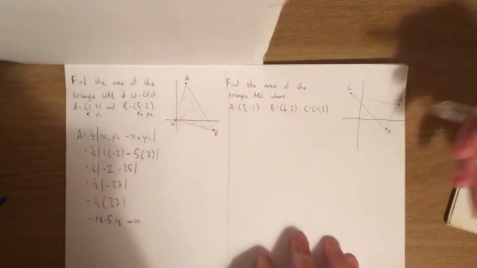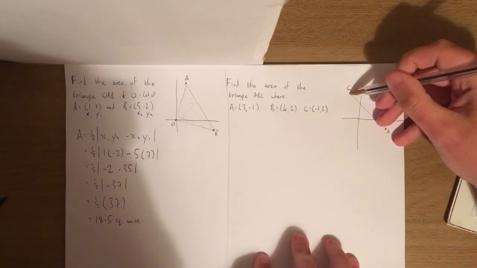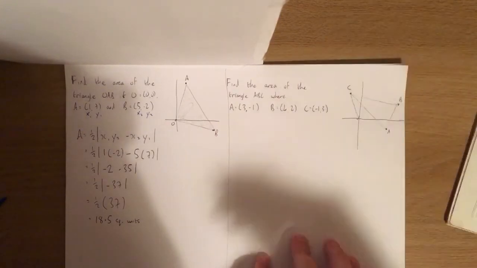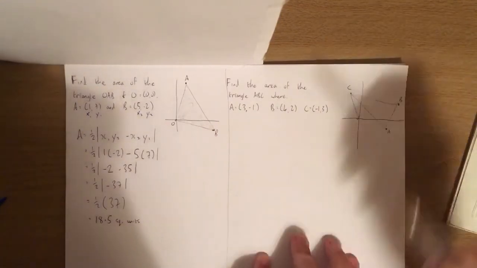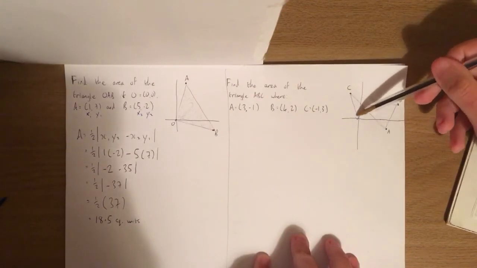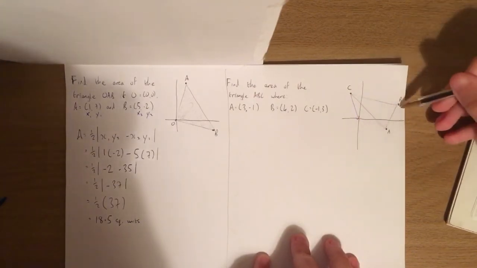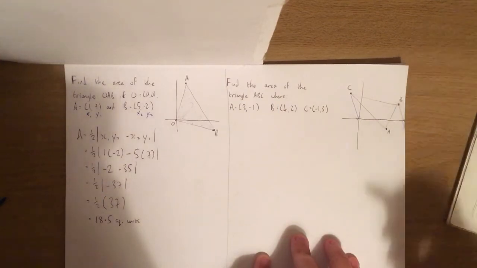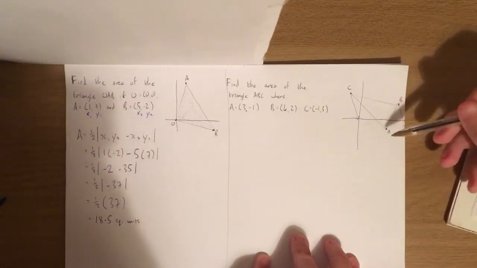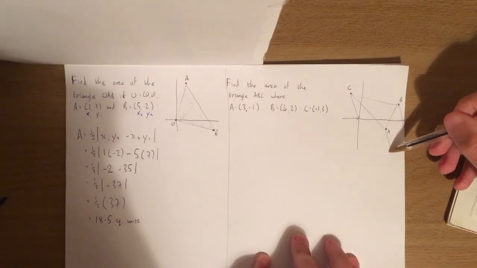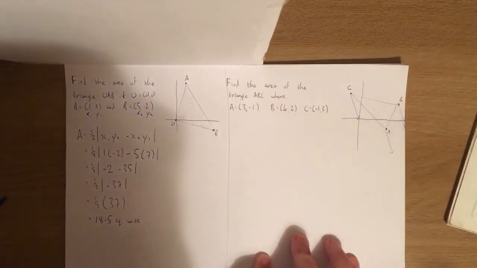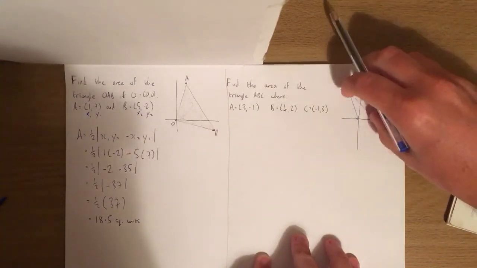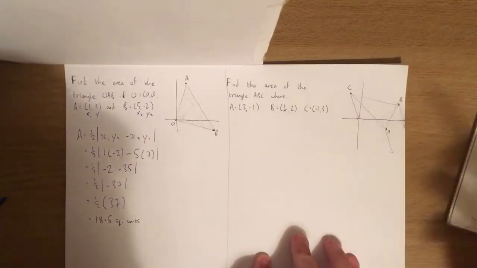The one I'm going to move is C, I think. So I'm going to move C down there. Now, whatever you do to move C down there, you need to do the same thing to B, and you need to do the same thing to A. Otherwise, you're changing the triangle. The point of this is I move the entire thing without changing the shape or the size of it.